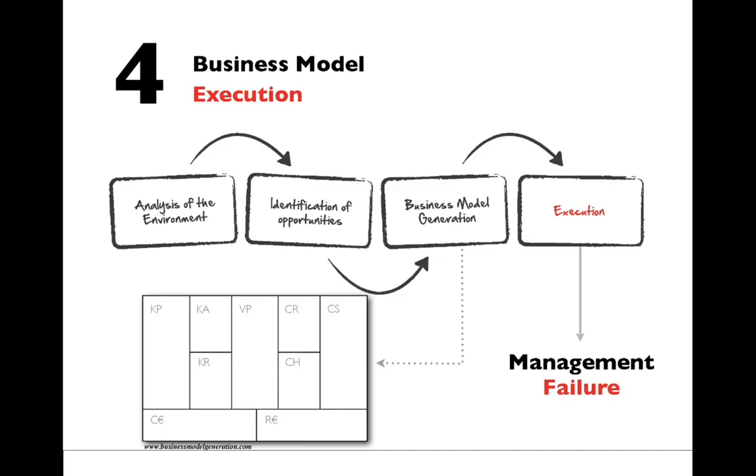Okay, so we've got a pretty simple flow diagram there of execution. So we analyse the market environment, we identify the opportunities, we generate that business model, and then we don't execute it. Okay, so we've failed before we even start.